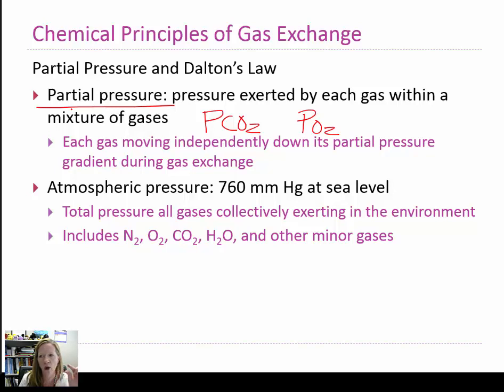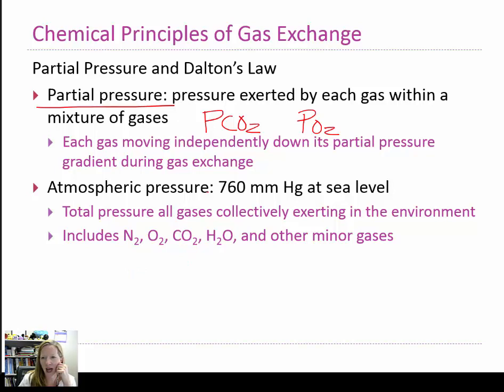We're going to look at how there's a little bit of oxygen in the atmosphere, and a little bit of oxygen in the pulmonary air, and how that gives rise to partial pressure. We also have to look at the partial pressure in the blood as well. That brings us to Dalton's law.